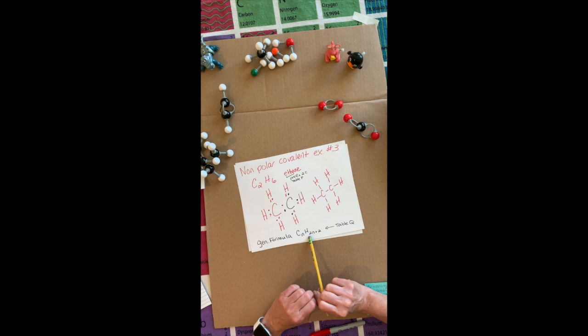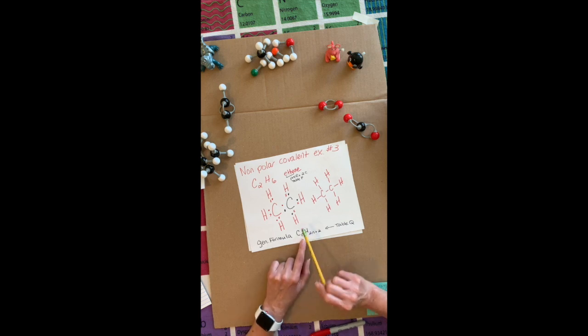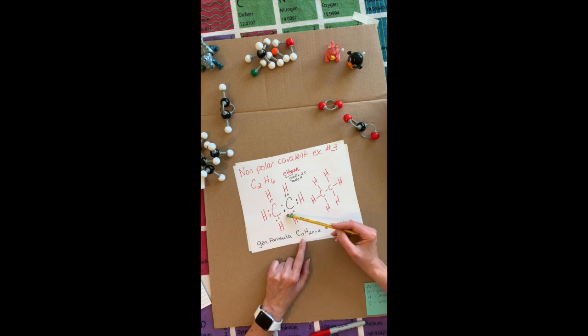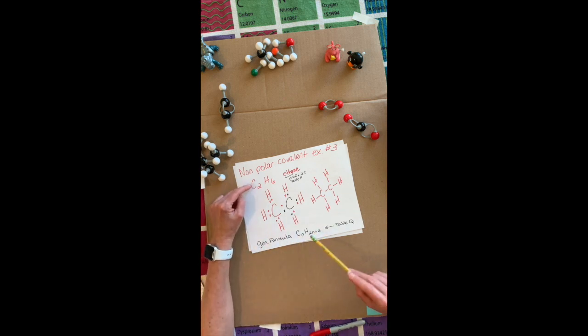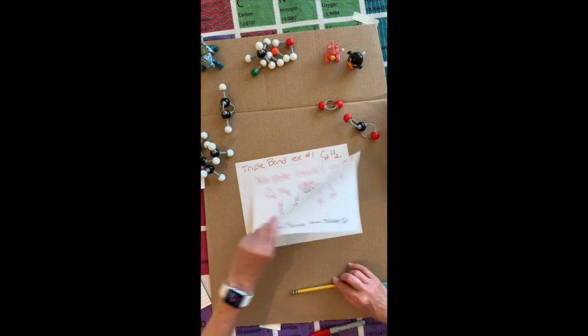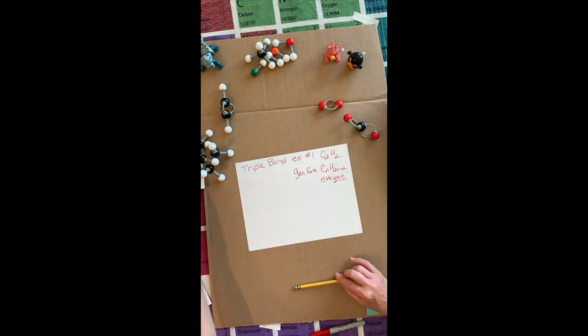This is pretty handy to use in your reference tables, because then you don't have to draw out the whole structural formula and electron dot formula to figure out if the molecular formula is an alkene or an alkane. This is an alkane.